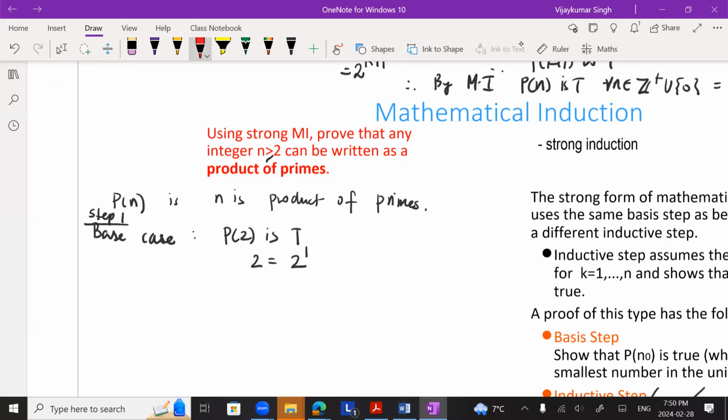Now, what is different is in step 2, you're assuming the induction hypothesis that Pk, or let's start using n, so Pn or Pk is true for all n or all k less than or equal to some number.